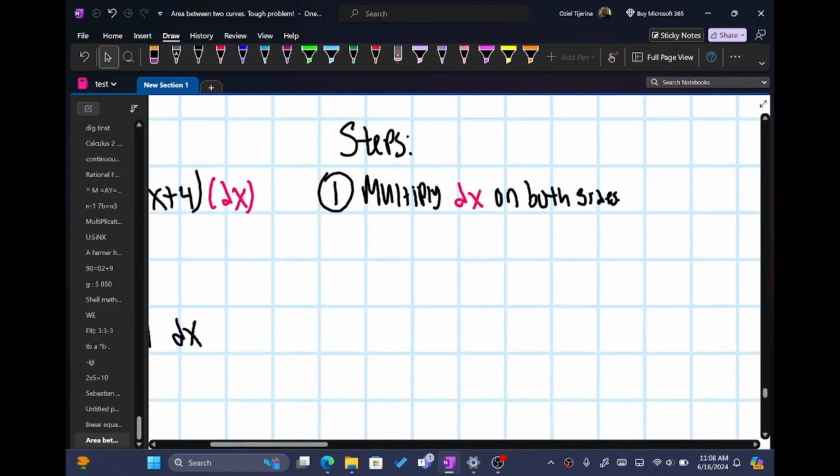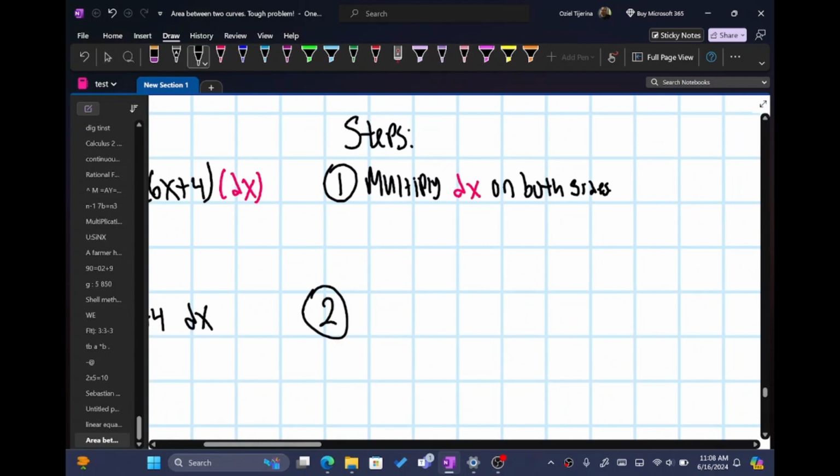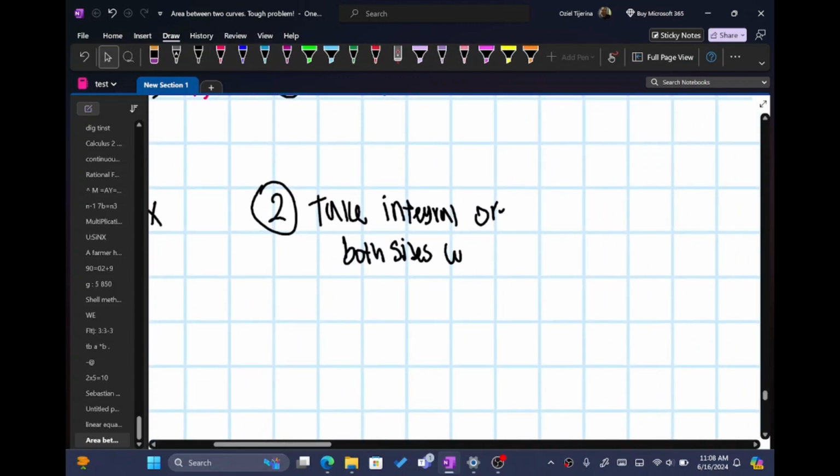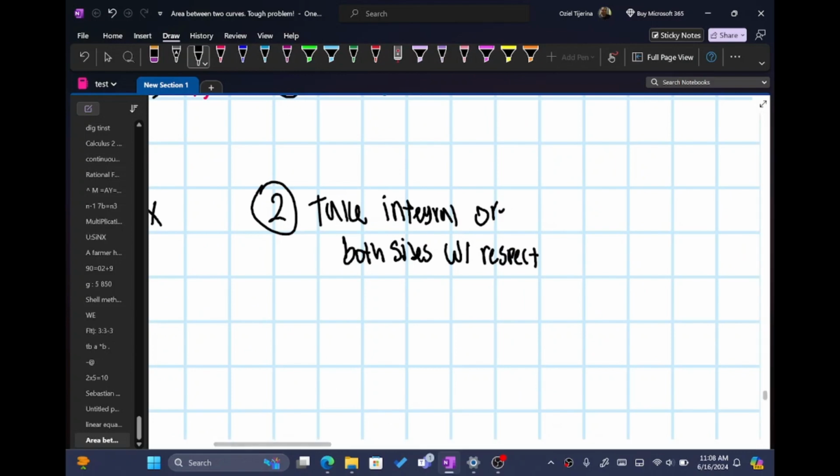Now the second step here is to take the integral of both sides with respect to the variables given on each side.